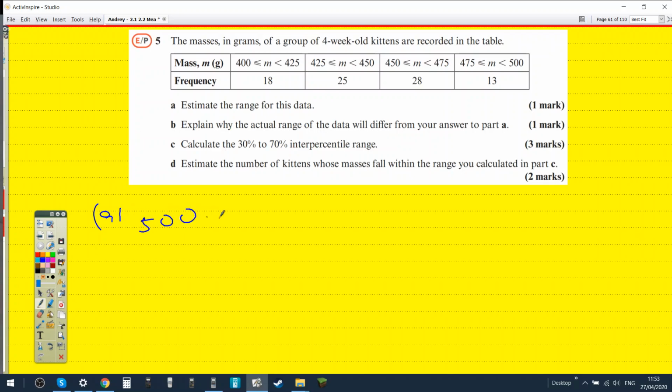Yeah, and B. Maybe because there may not be any kittens that weigh 400 grams or 500 grams. I might say it's grouped data, not raw data, so we don't know exactly. Yeah. Grouped data, not raw.